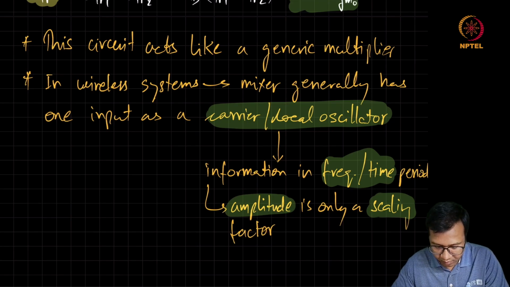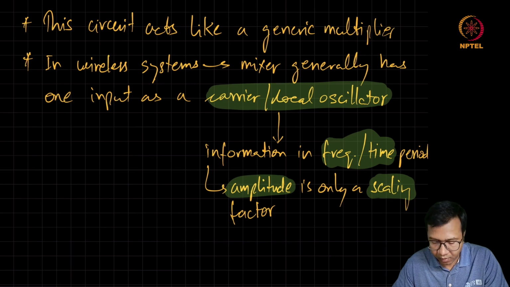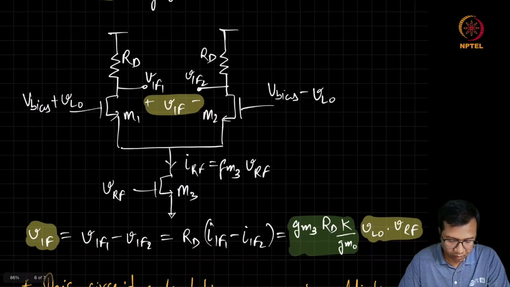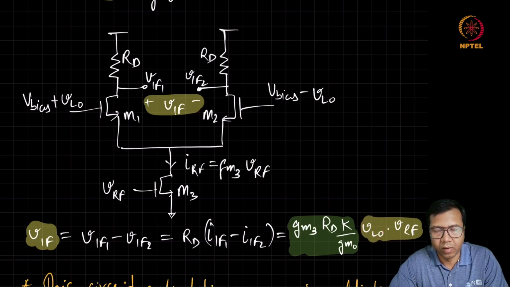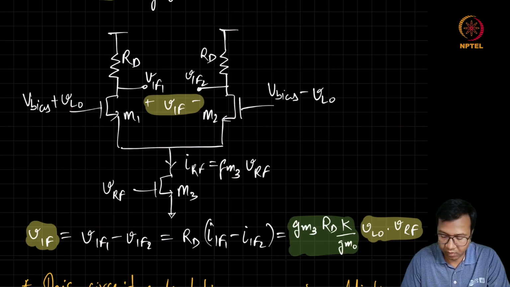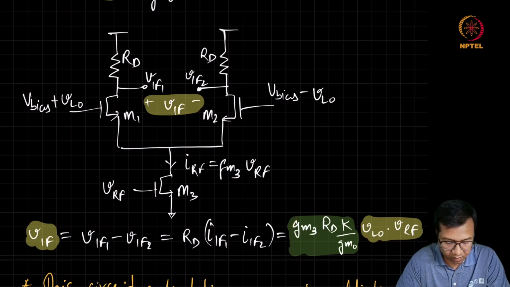So based on this, what we can do is we can try to see if this VLO amplitude can be maximized, so that if we can maximize this VLO amplitude, we can maximize the strength of this VIF product.